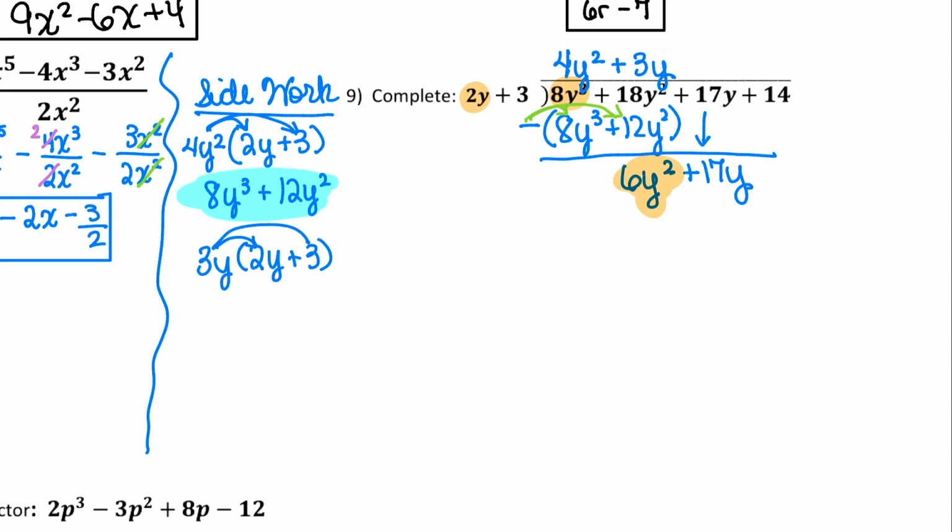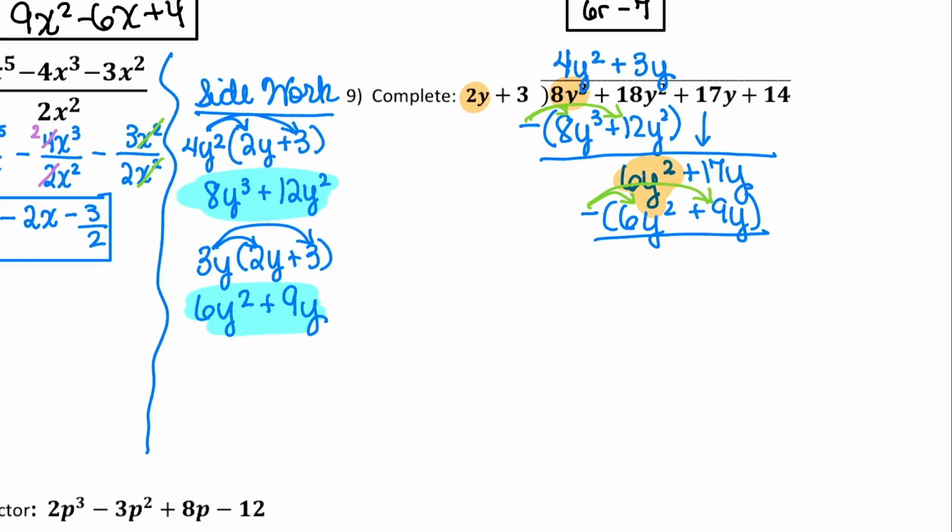We're going to distribute that 3y to get 6y squared plus 9y. And again, this is where we are going to go through and subtract the whole thing. Then we're going to distribute that negative, and we're going to get 17y minus 9y.